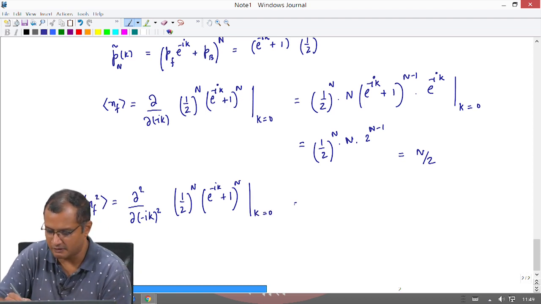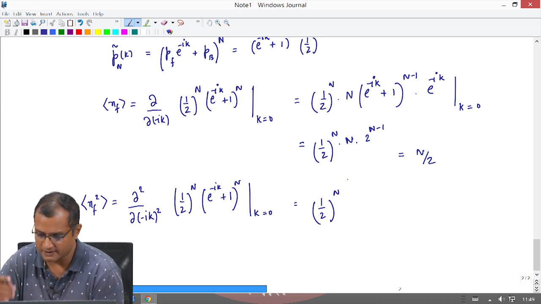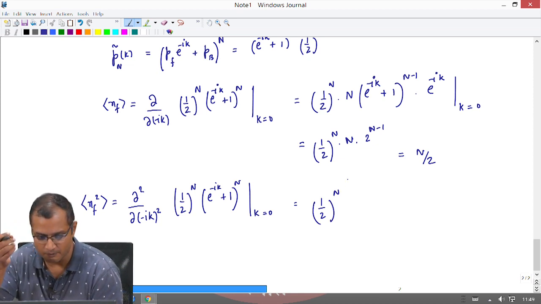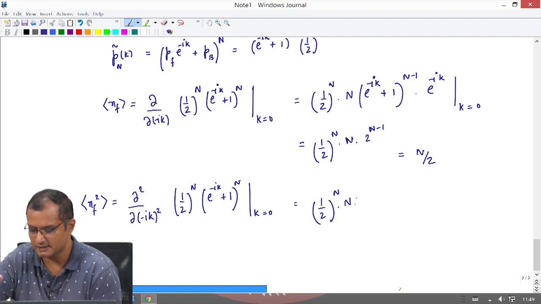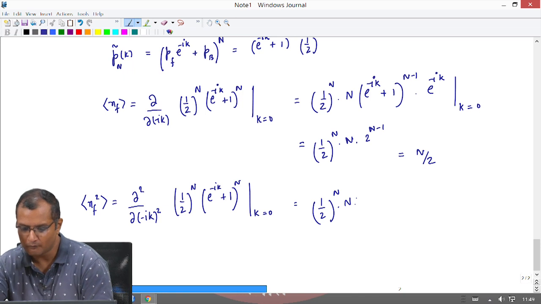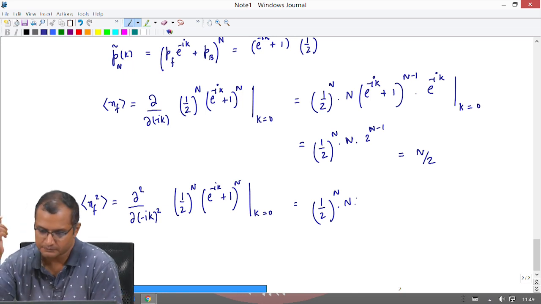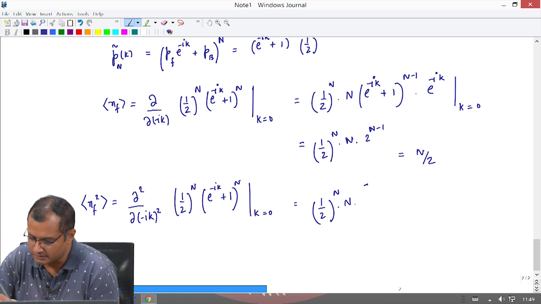So this 1 half to the power n will come out, and the first derivative is already written in front of you. So I am going to take the first derivative as is from the top and take one more derivative here.